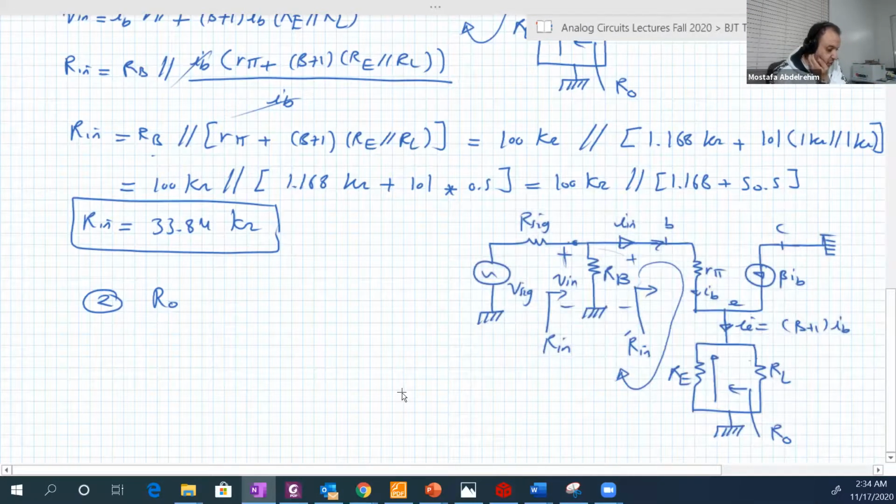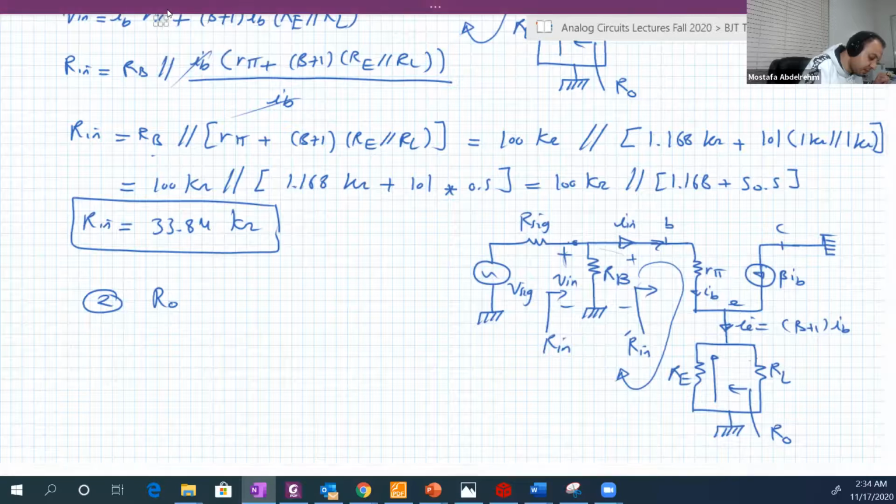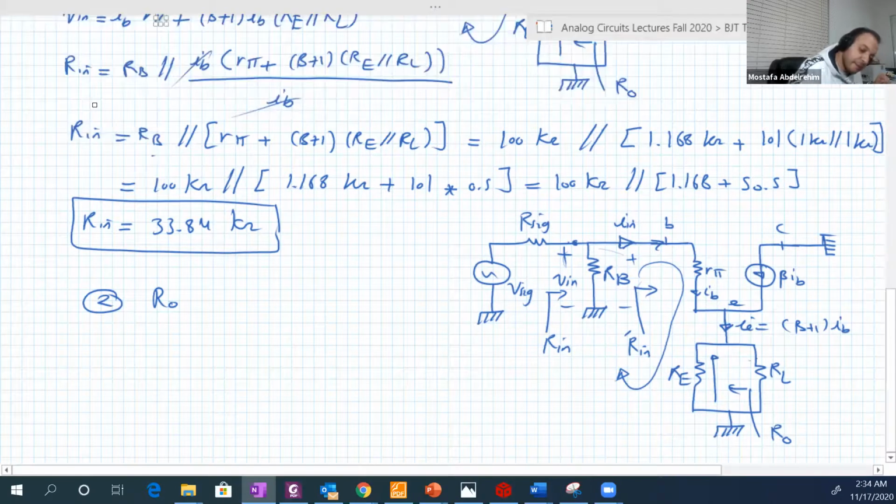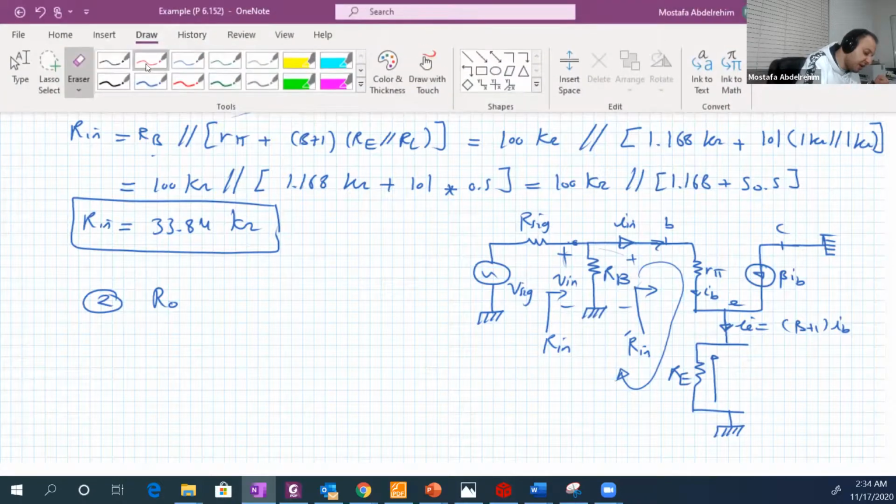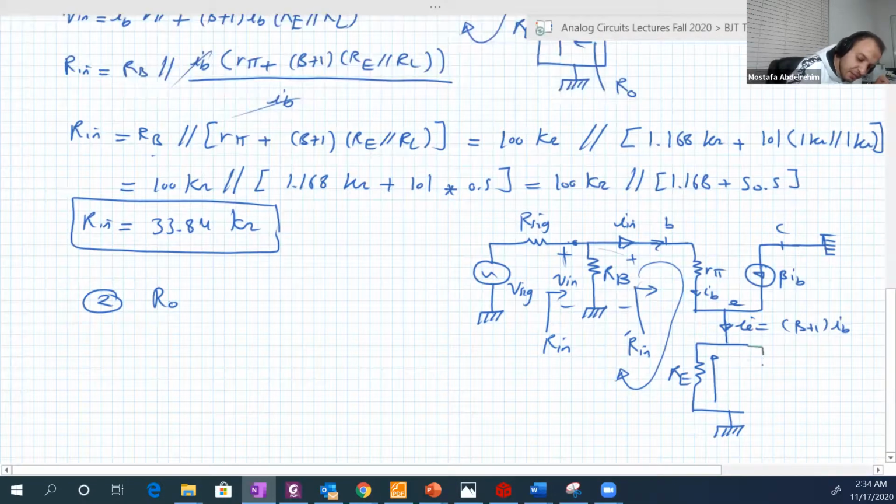Good. So we're gonna remove RL and put testing source Vx producing Ix.